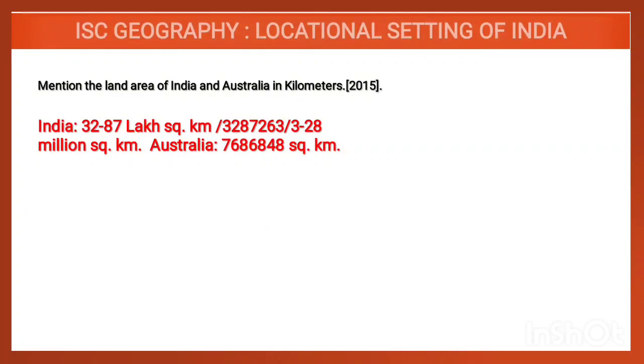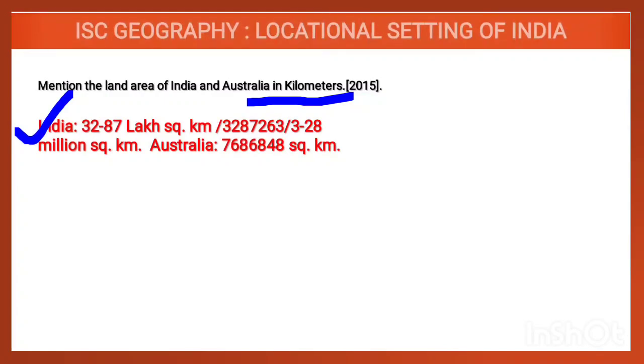Next, mention the land area of Australia and India in kilometers. In terms of kilometers, you have to memorize it as lakh square kilometers. You have to memorize it as million square kilometers. And you have to express this in kilometers.